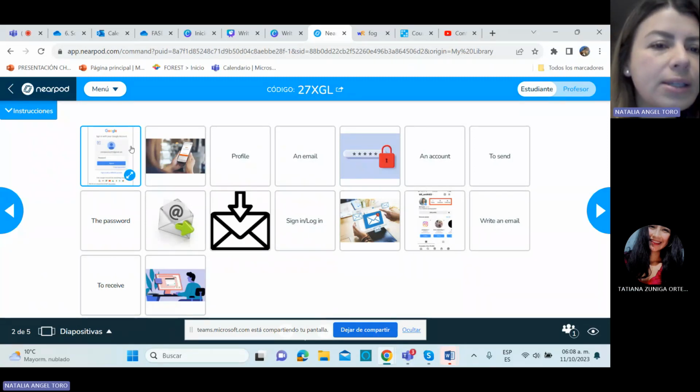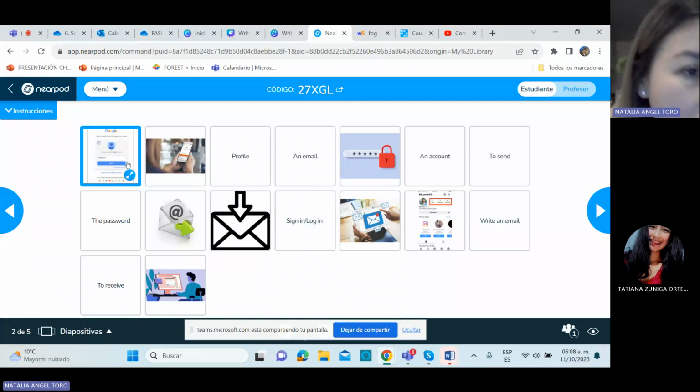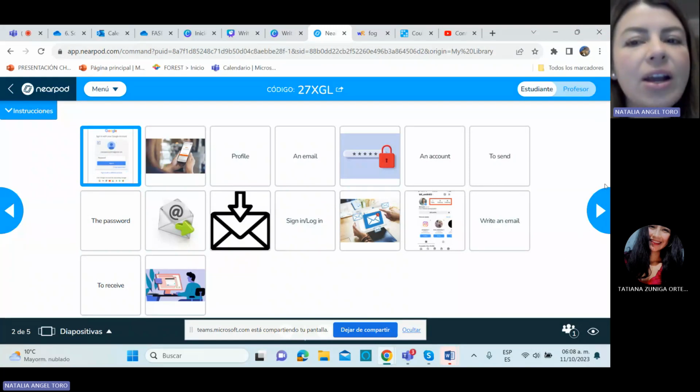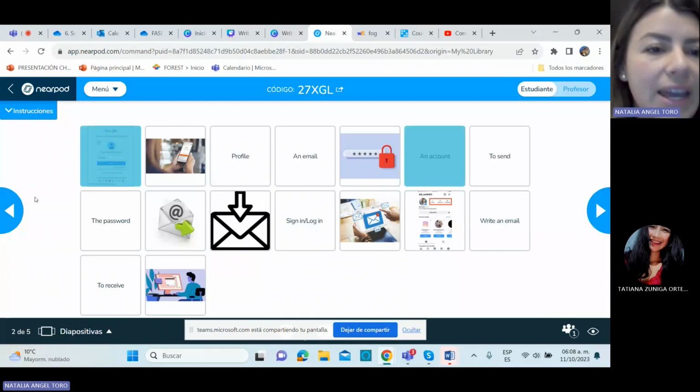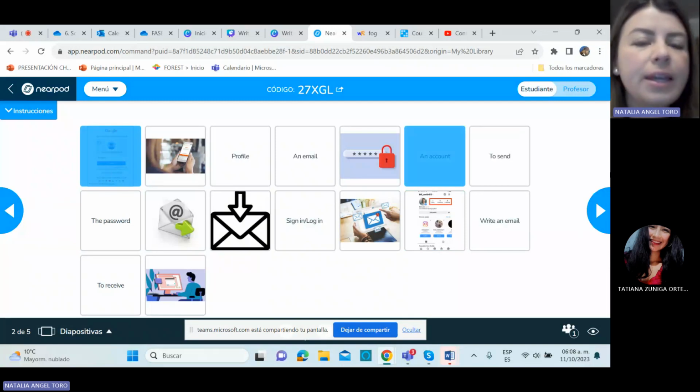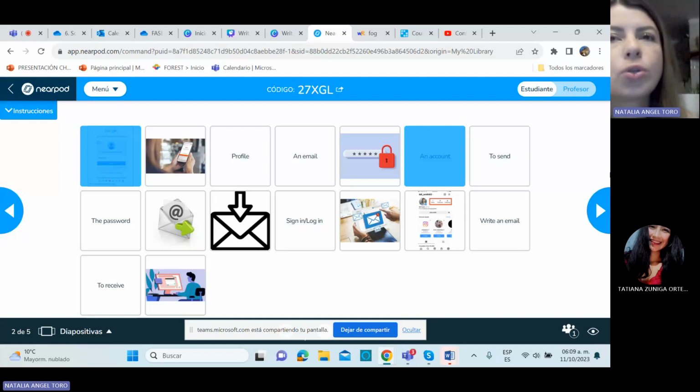So as you can see in this small picture, an account is related to the page where you can access your spaces to build a message, or to look for a document, or to share a document with a working group.